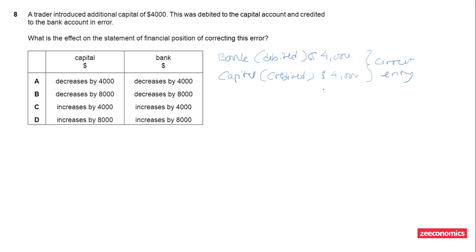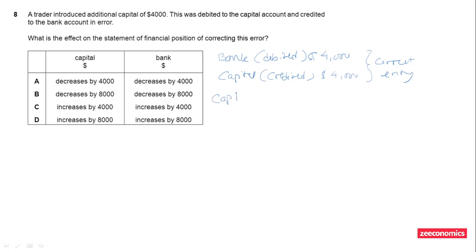Now the problem is the trader introduced additional capital and created an incorrect entry. Let's take a look at the incorrect entry. If the trader introduced the additional capital with an incorrect entry, then the double entry bookkeeping will look like this.